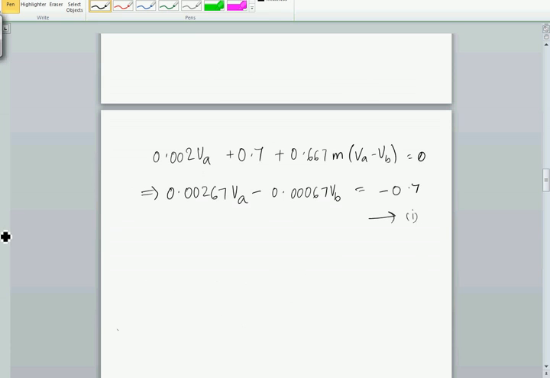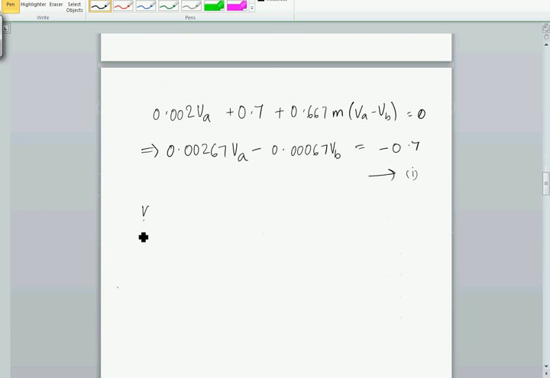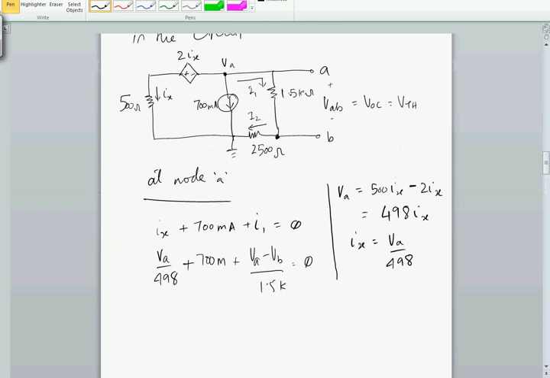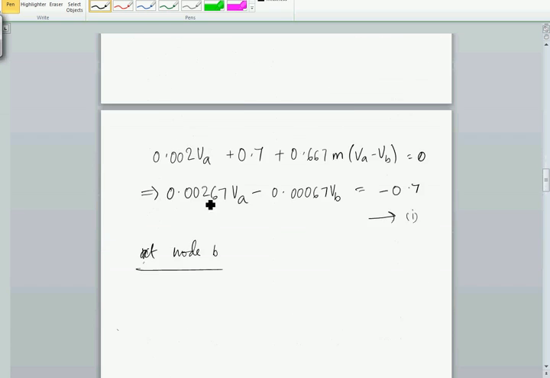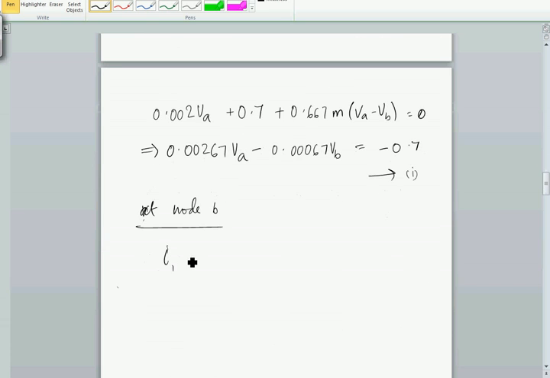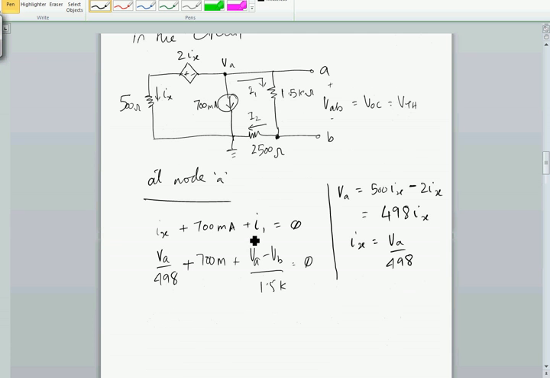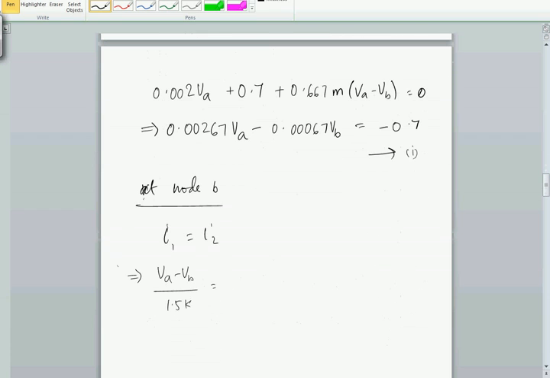For equation number 2, we have nodal analysis at node B. At node B, we have I1 is equal to I2. VA minus VB over 1.5K is equal to I2, which is VB over 2.5K.